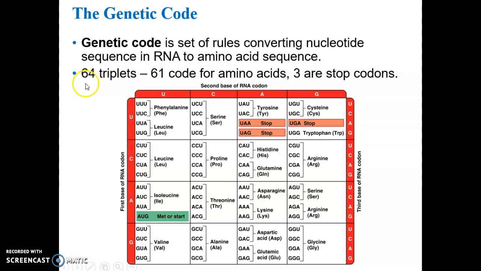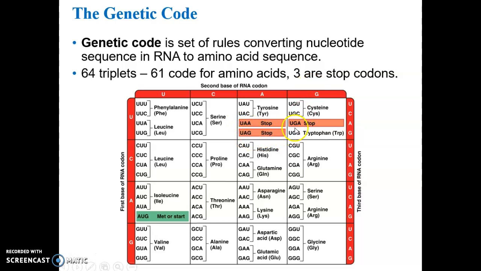So there are 64 triplet codons, and those are indicated here like the UUU and the UCU, etc. 61 of the codons code for a specific amino acid. You don't need to know them by name, but just recognize the 3-letter abbreviations are different for the different amino acids, like PRO for proline, GLN for glutamine, etc. And there are 3 stop codons.